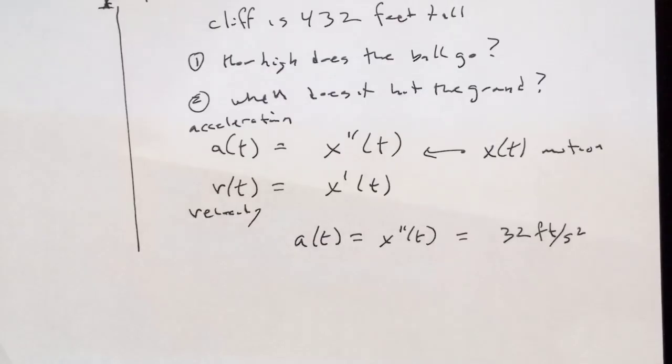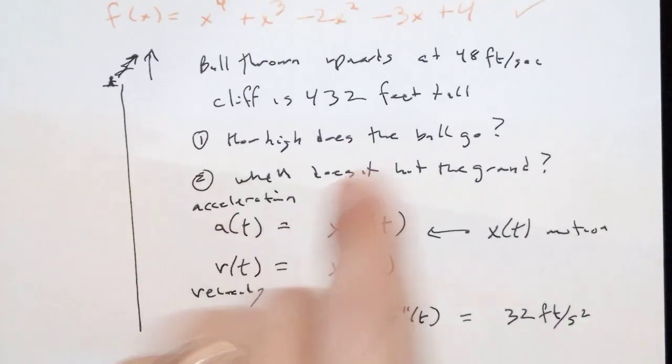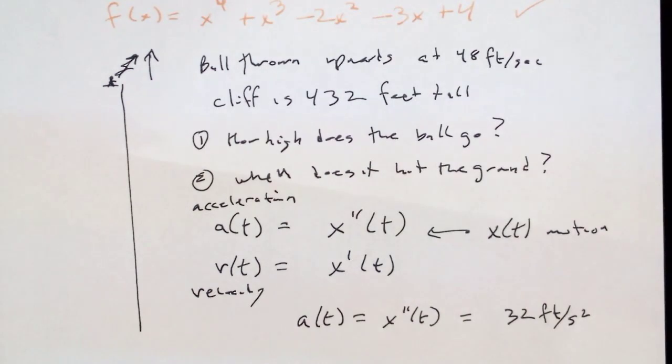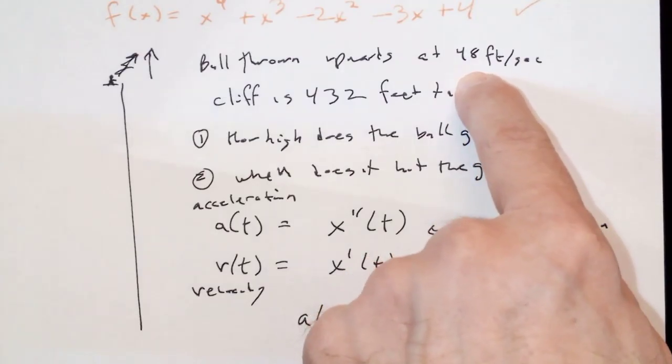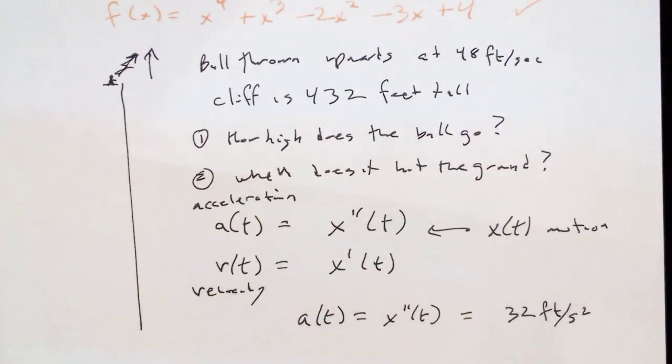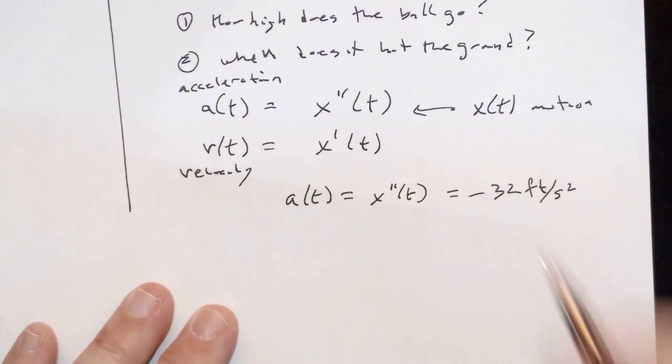Most of you are looking at me going, no, down is negative. Fine. But if this statement up here, ball is thrown upward at 48 feet per second, if I let gravity be positive, then this number would be negative. You can do it either way. It's your call. But since I see most of you twitching at this, we're going to make it negative.